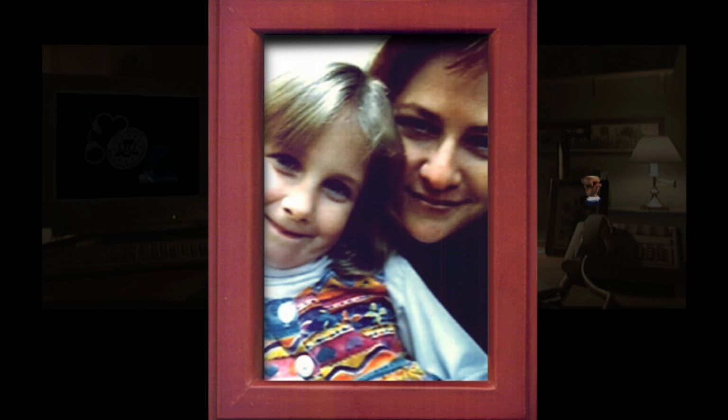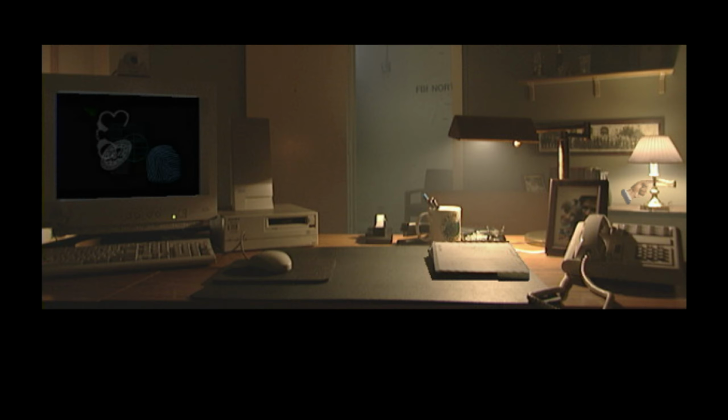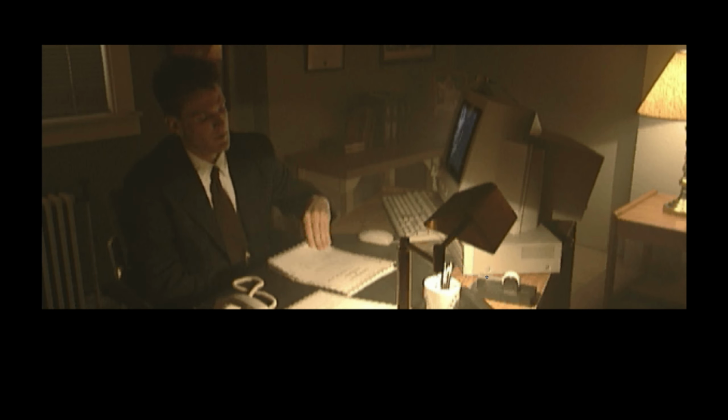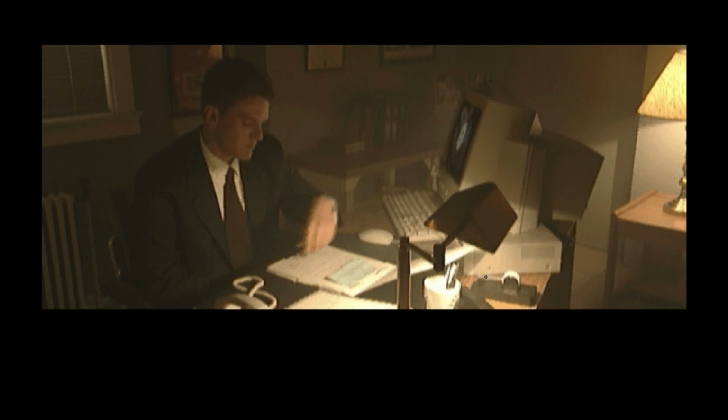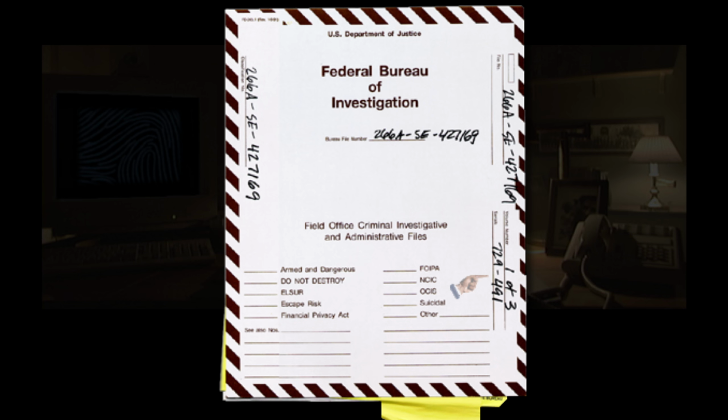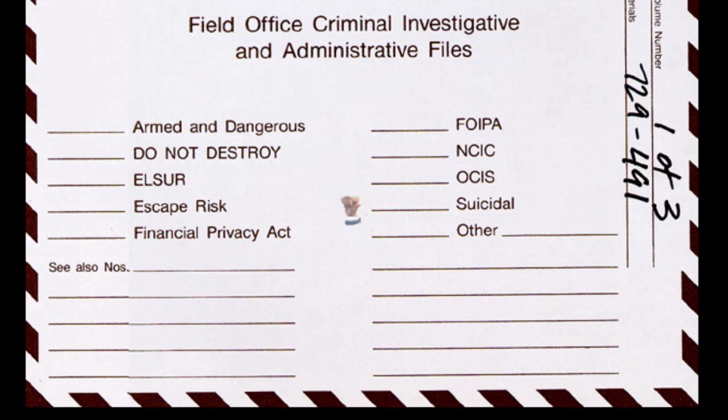Okay, here's, I guess, his wife and his kid. His ex-wife, rather, because he's divorced. Okay, we just picked up some files. Okay, Federal Bureau of Investigation. Just some files here, it looks like.